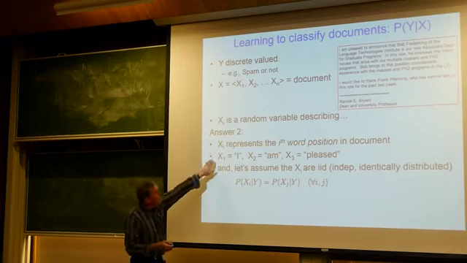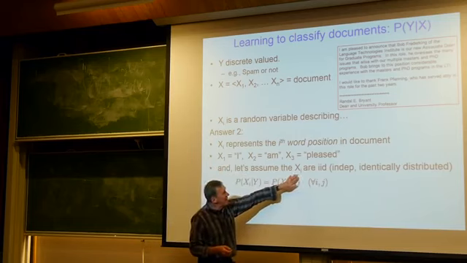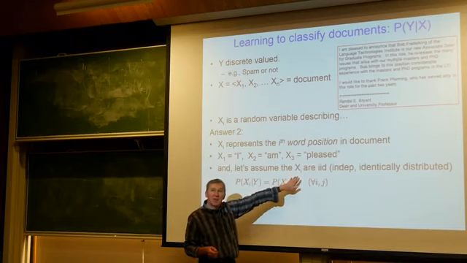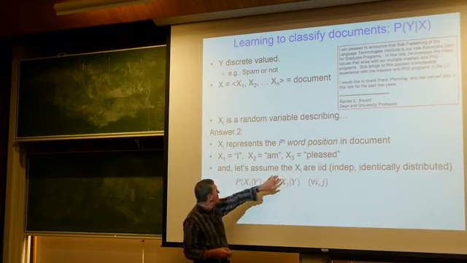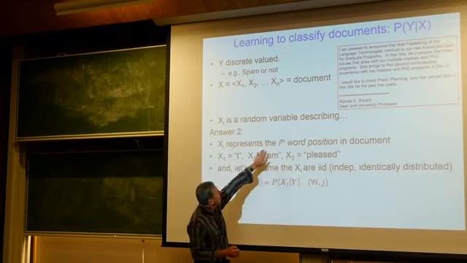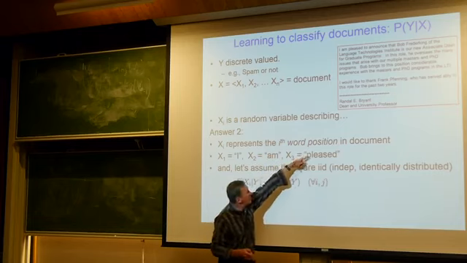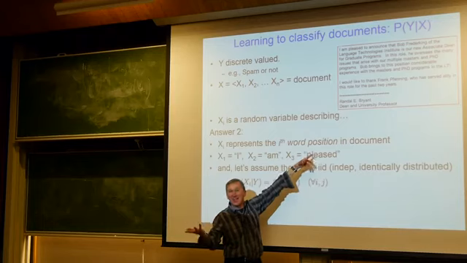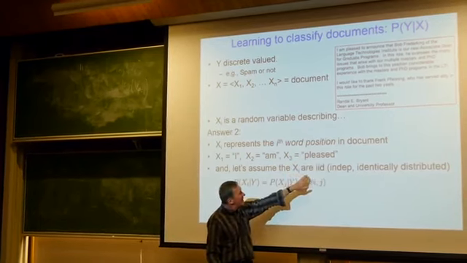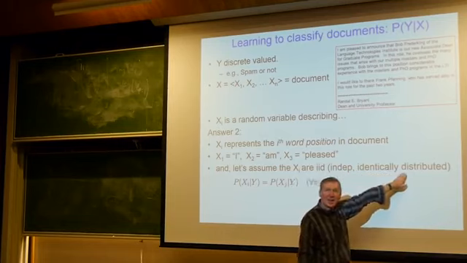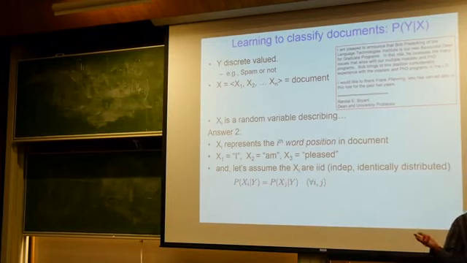Okay, but now we can make another simplifying assumption. What if we assume that the probability that x sub i will take on any of its 50,000 possible values is independent and identically distributed through the document? That is, just like we assumed when we do the coin flips many times, the outcome of each coin flip was independent of the other coin flips.